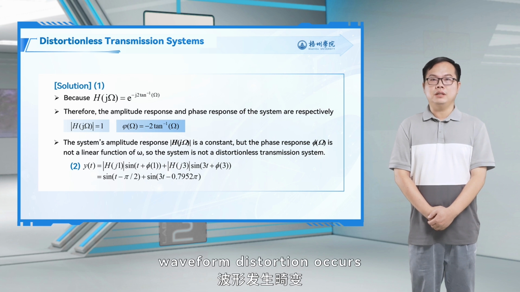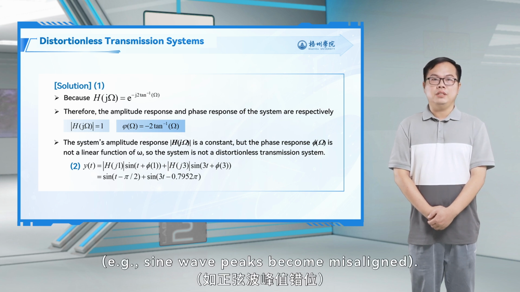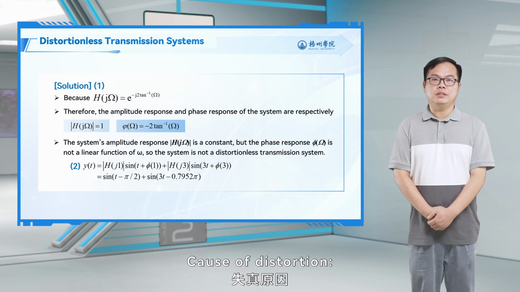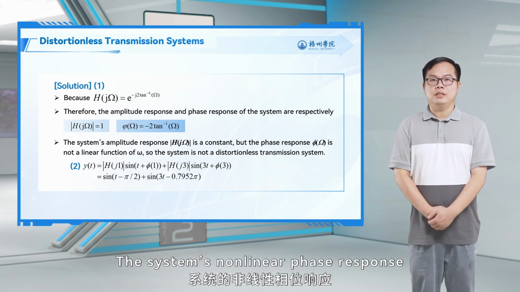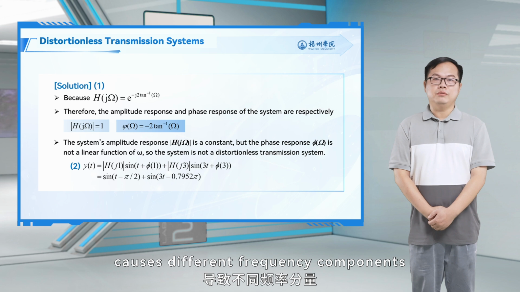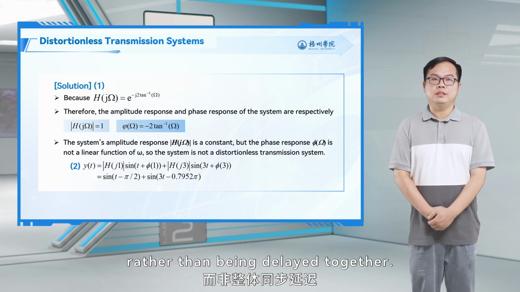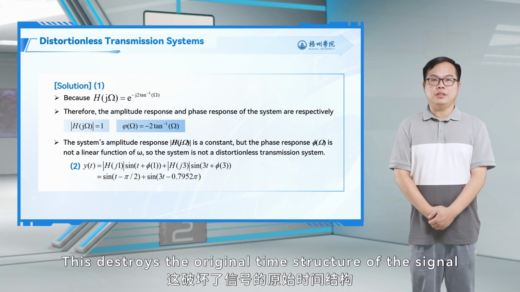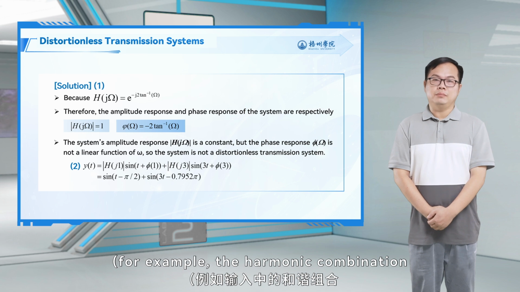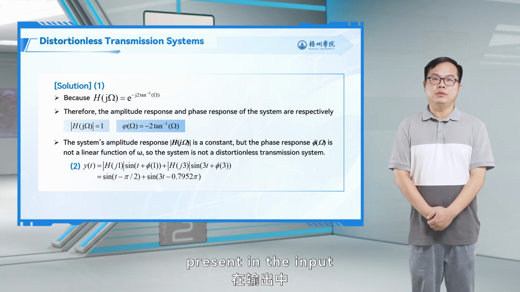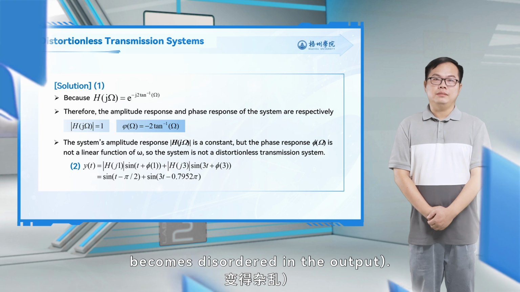Waveform distortion occurs, e.g., sine wave peaks become misaligned. Because of the system's nonlinear phase response, different frequency components go their own separate ways, rather than being delayed together. This destroys the original time structure of the signal. For example, the harmonic combination present in the input becomes disordered in the output.